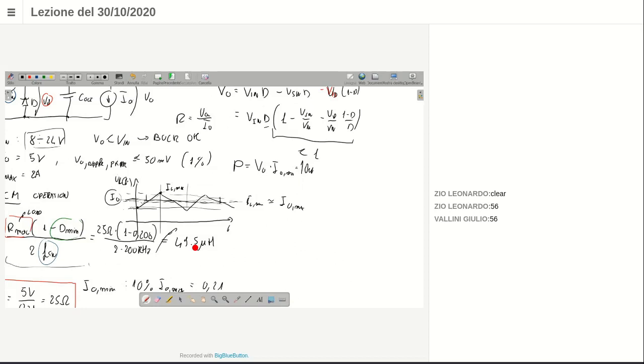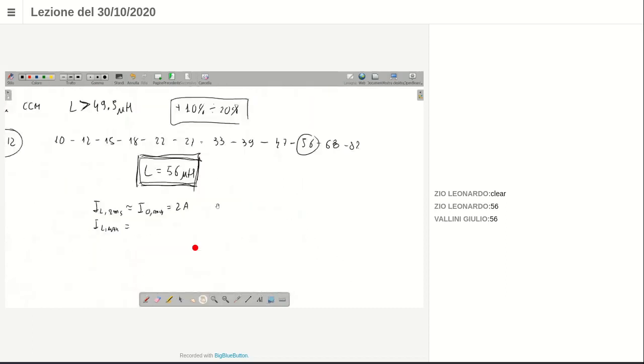The maximum value would be the output current plus 1/2 the ripple. Okay, this can be observed graphically from the waveform of the inductor current.